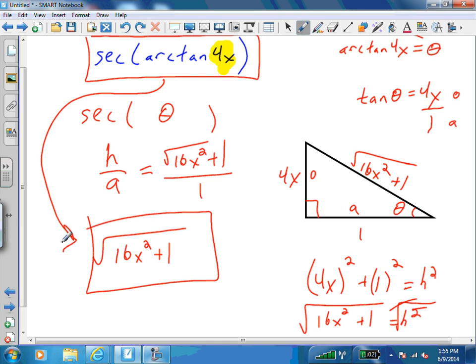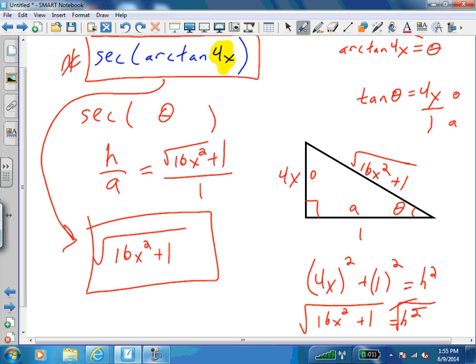So if we wanted to evaluate our expression for several different x values, instead of having to multiply them times 4, take the arctangent, then take secant of whatever that angle is, all we really have to do is substitute that value of x into our expression. So this is just an algebraic way of evaluating that expression.